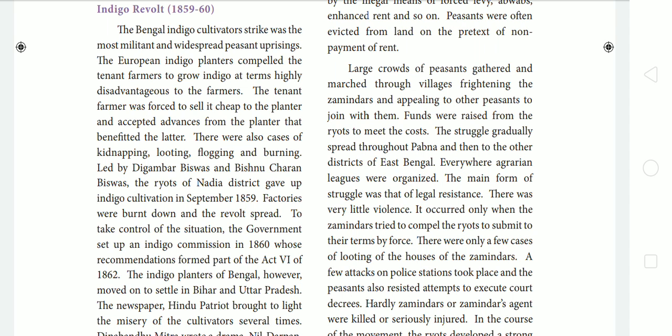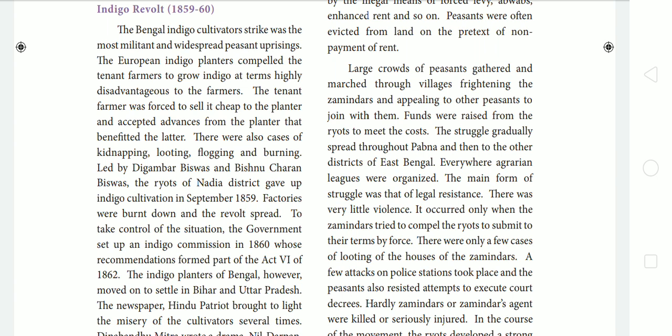Okay, so the European indigo planters... indigo is a type of crop. This crop is used for dyeing purposes. The European indigo planters compelled the tenant farmers to grow indigo on their land.